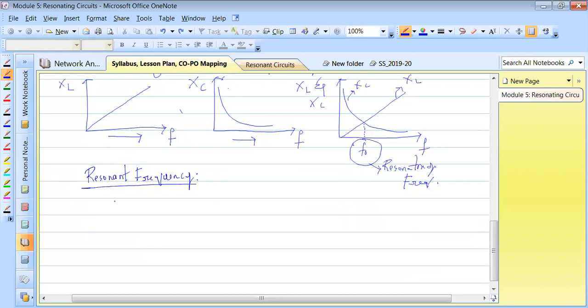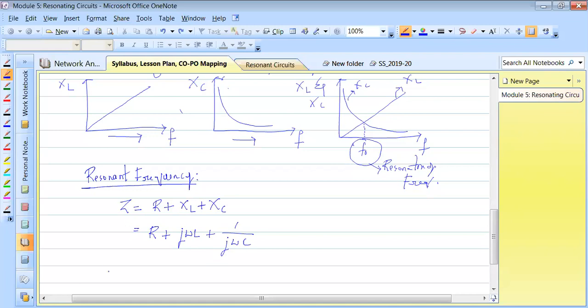Since this is the resonating frequency we are looking at, let's again consider Z. As I have told you earlier, this Z is given by R plus XL plus XC, since they're all in series. Fine. So what is XL given by? It is given by j omega L, and the reactance of the capacitor is given by 1 by j omega C.